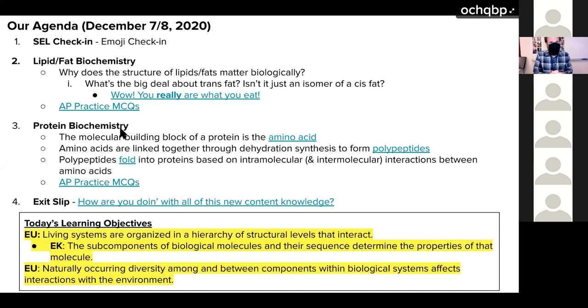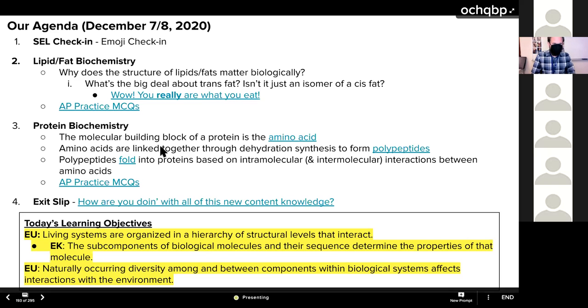And then the second half of class, we can begin to build a deeper understanding of what I hope you had a chance to watch in the Edpuzzle video, the first of a two-part video on protein structure, which is where we're going next in terms of the biological molecules. So carbohydrates, and then lipids, and then proteins. It's really the sequence that we're trying to follow here. And again, I've got some practice questions that will give you a chance to build a deeper understanding.